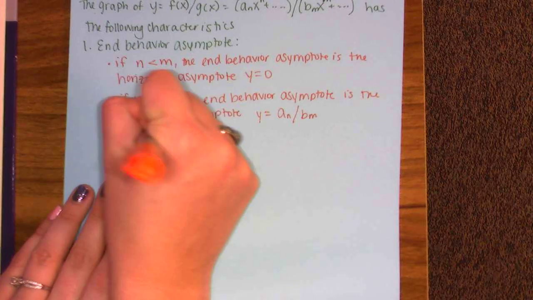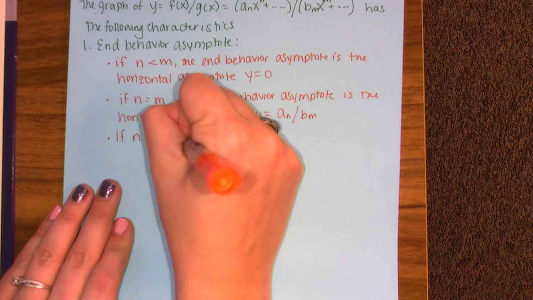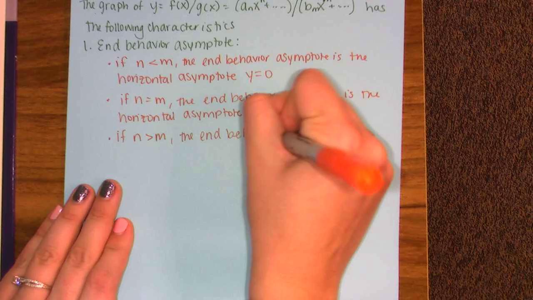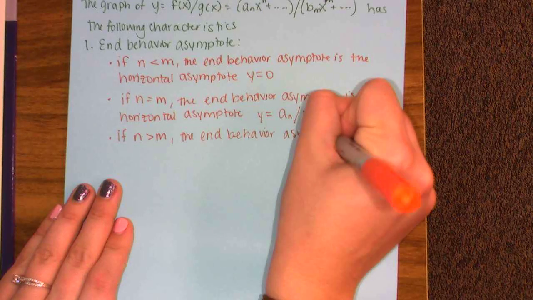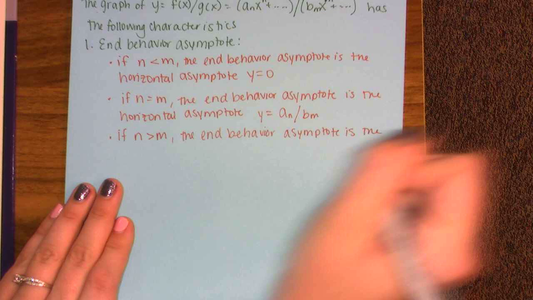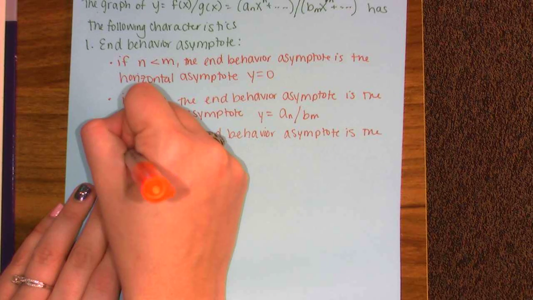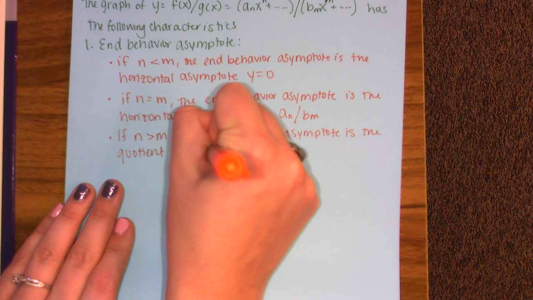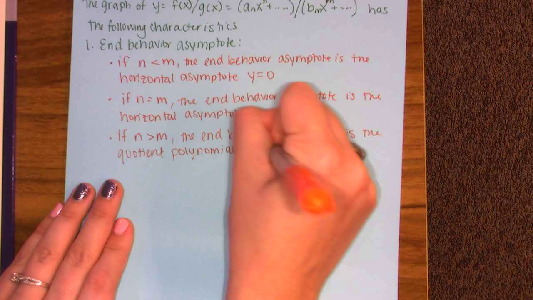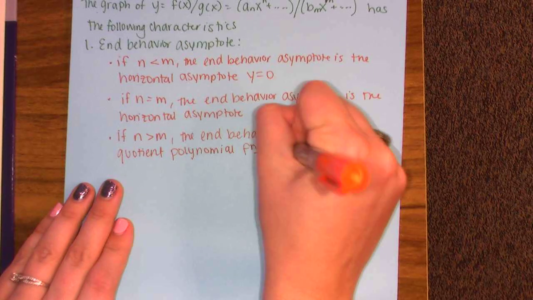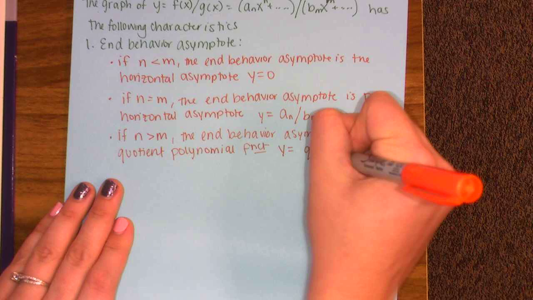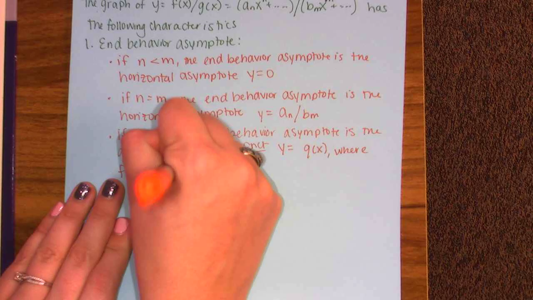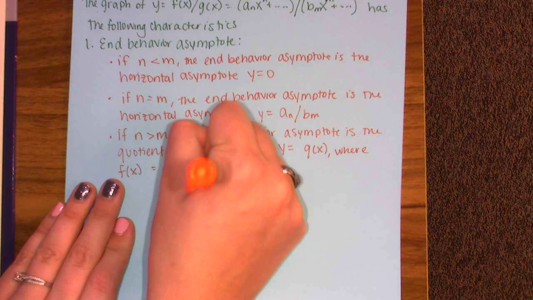If n is greater than m, the end behavior asymptote is the quotient polynomial function y is equal to q of x, where f of x is equal to g of x times q of x, plus r of x.